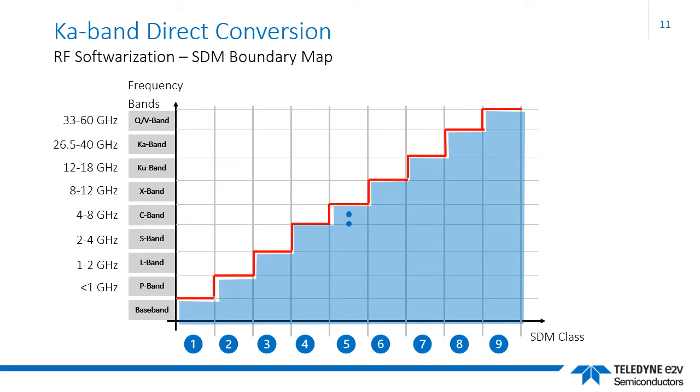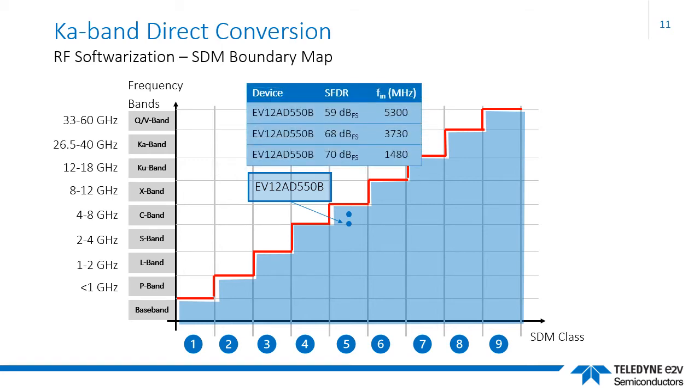In this chart, I will plot the performance of the two ADCs introduced earlier. Both ADCs can partially meet Class 5 C-band requirements. The first, the EV12AD550B, has a peak bandwidth of 4.3 GHz, which just makes it into the C-band. Three input frequencies are shown here with the associated spurious free dynamic range statistics.